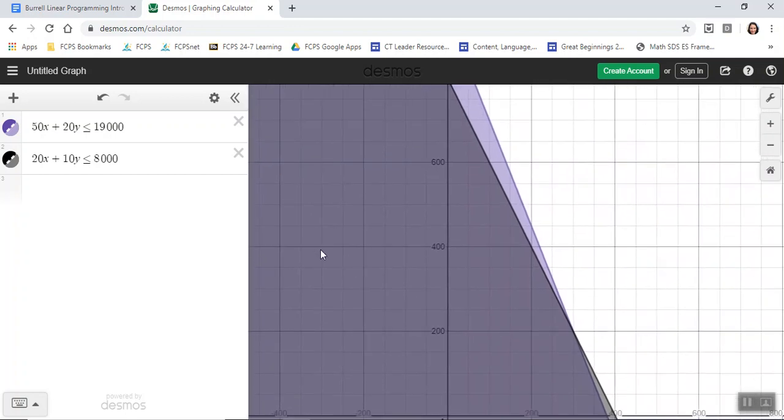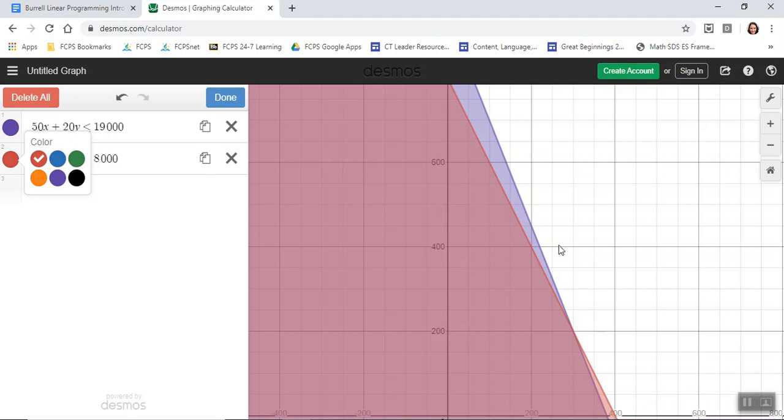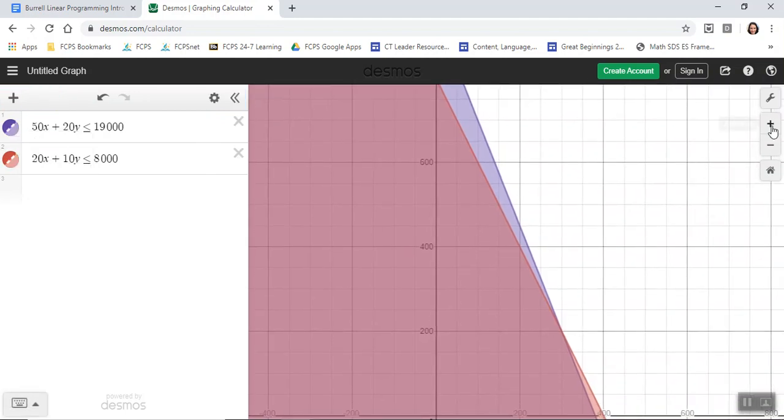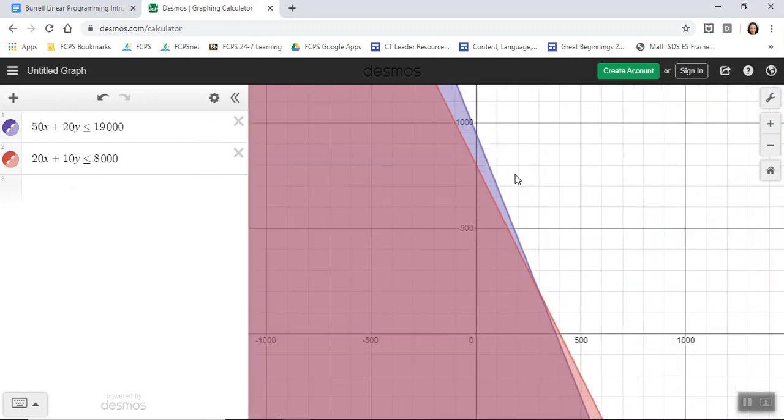I'm going to change my color so I can see a little better. Okay, there we go. Alright, so in this we would also have greater than or equal to 0 for both the x and the y. So we would have this shape with 4 sides to it.